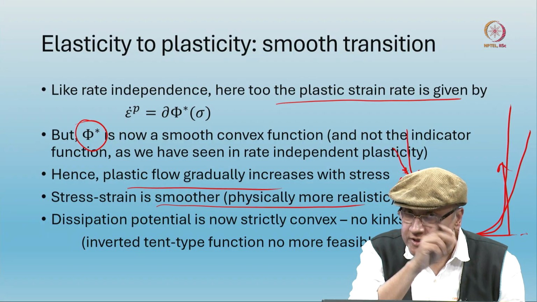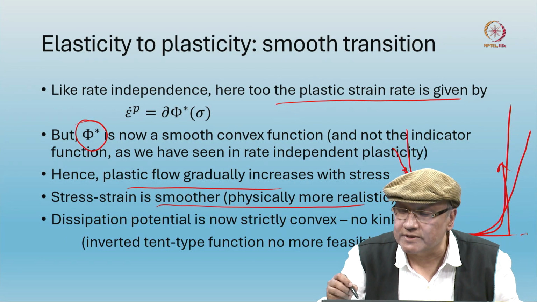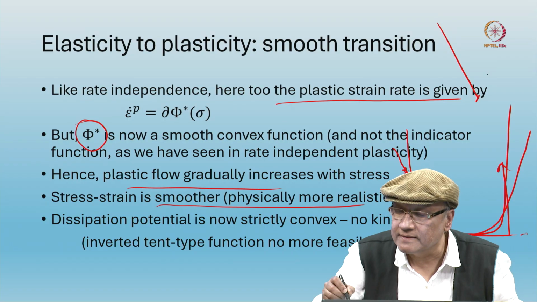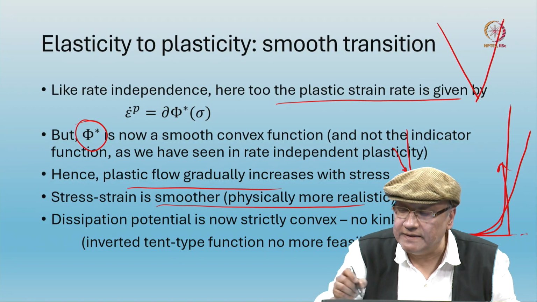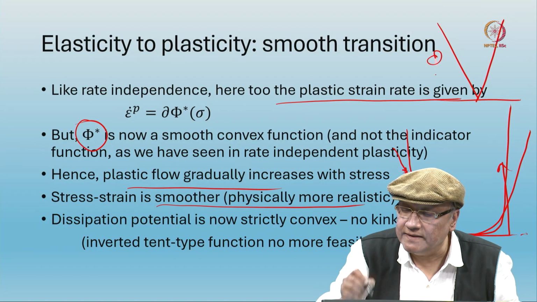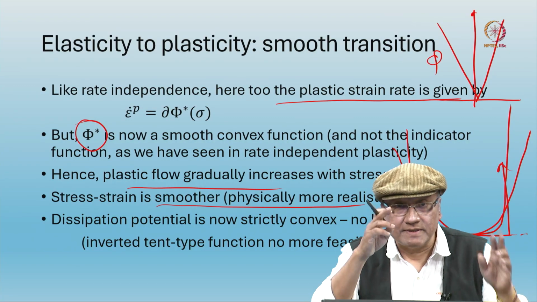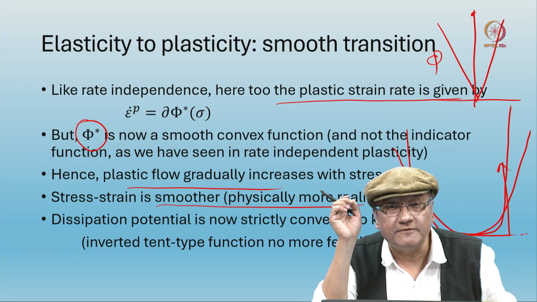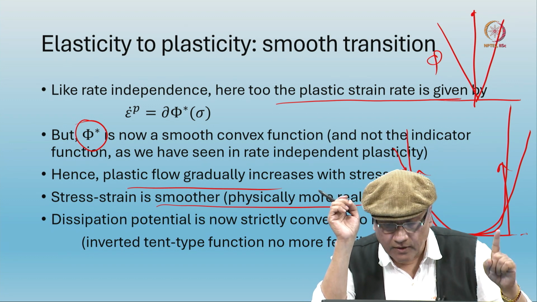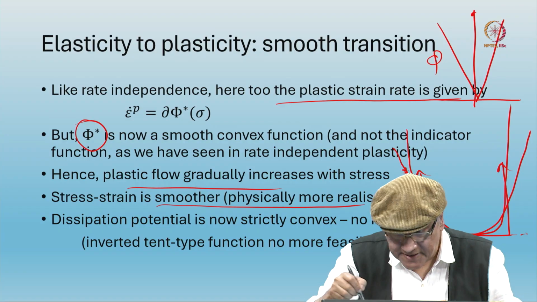Now, look at the dissipation potential. Dissipation potential earlier was of what form? Like this, correct. This was my phi, this is phi, correct. You remember that it was an inverted tent function, but now this is not true.